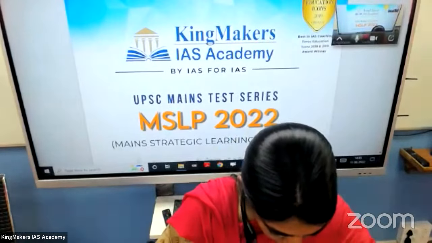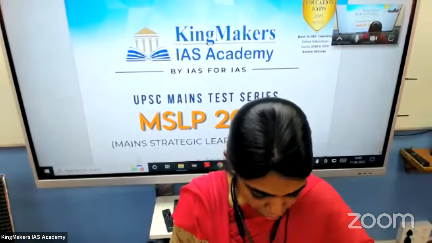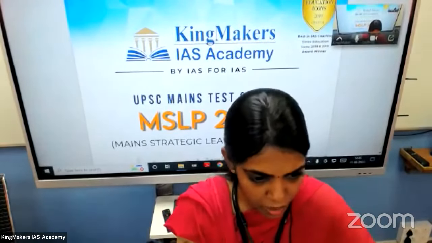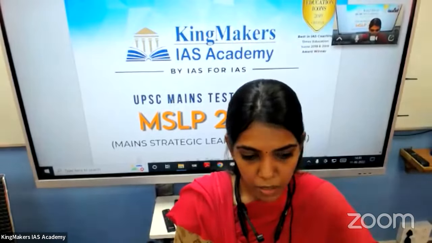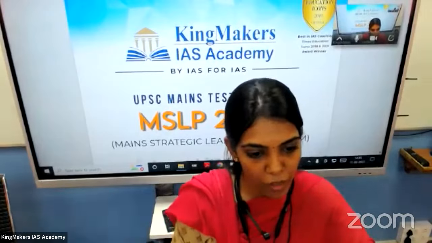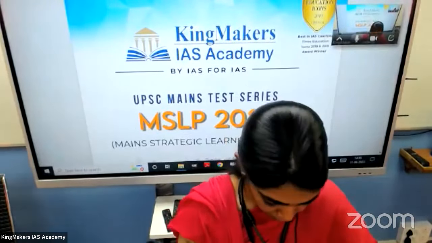The name of the book is NCERT Indian Society Class 12. From there, you will get to know the salient features of Indian society. For instance, the caste system is very important. You will get an idea about all that from this book. This is the static part of society, which you have to read from that book.